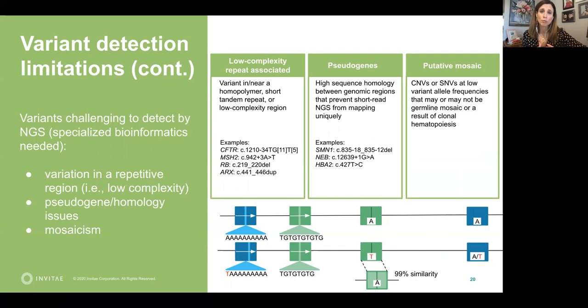We can't always determine if those are mosaicism or clonal hematopoiesis. So this is where bioinformatics, on top of the next generation sequencing technology, can help to sort out some of these challenges.